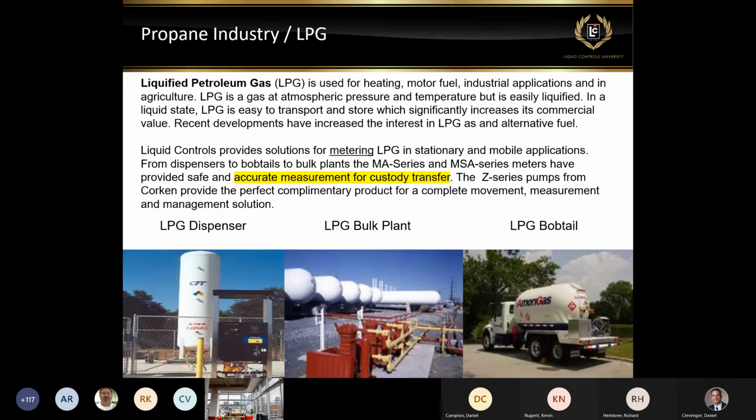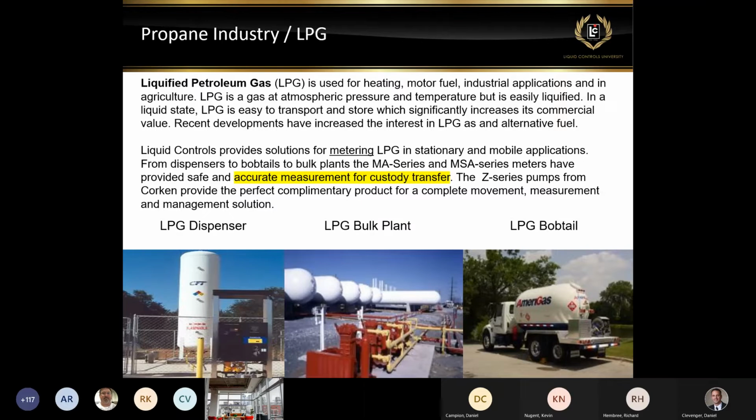Expanding more upon the LPG industry, we've seen this as a growth industry over the last 10, 15 years in particular, because it's becoming very popular. It's not as fearful to use by the general public as it once was. They were more afraid of it.